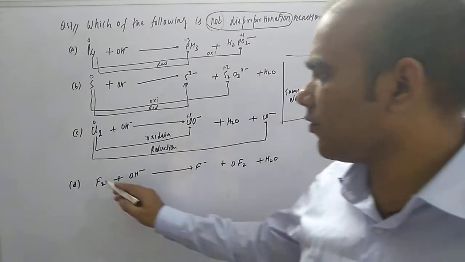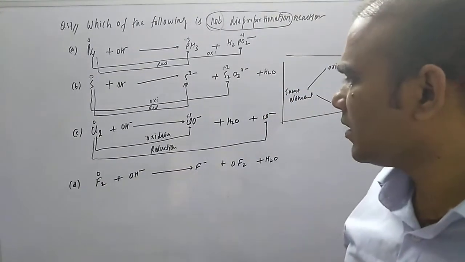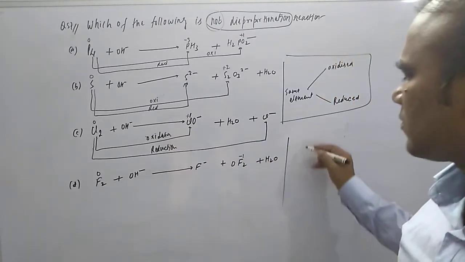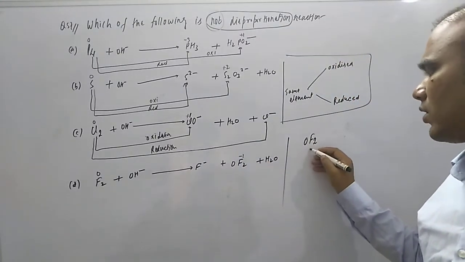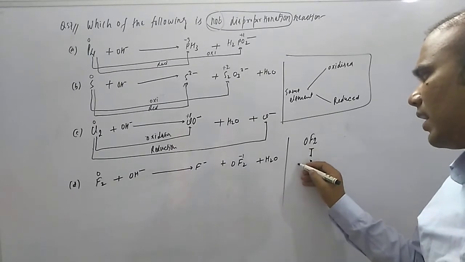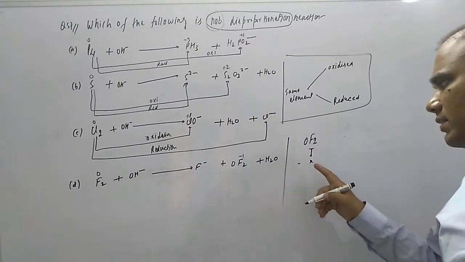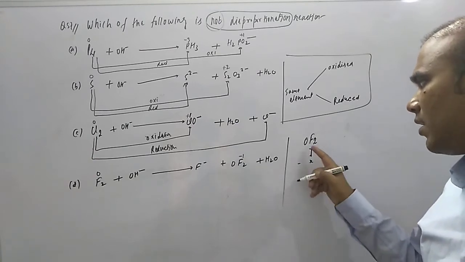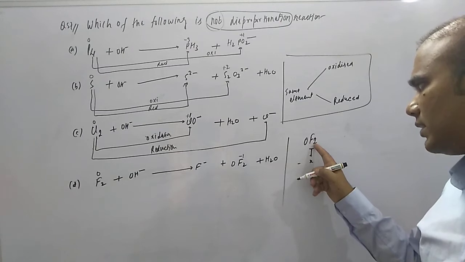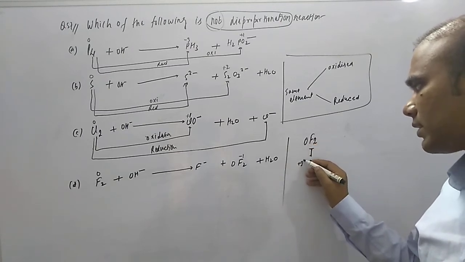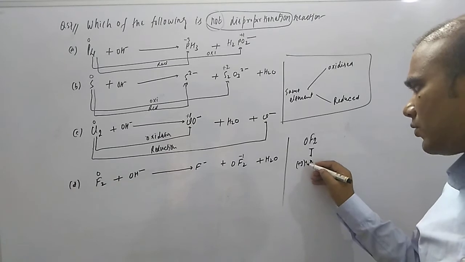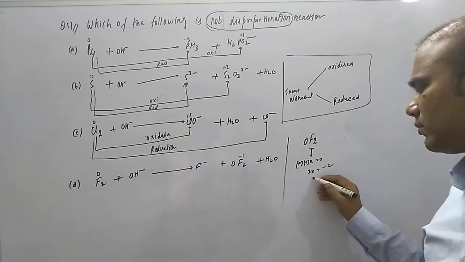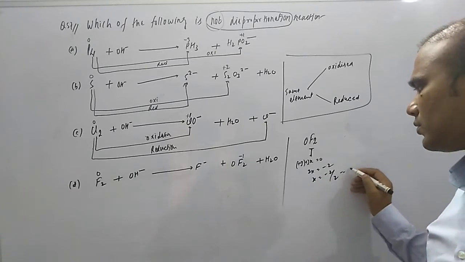Now you see, student, fluorine here is 0, and here it is -1, and here also -1. How is it -1? That is OF2. Fluorine is x, and oxygen is more electronegative than fluorine in this case, so oxygen is +2, and there are 2 fluorines, so 2x plus 2 equals 0, 2x equals -2, so x equals -2 by 2, that is -1.